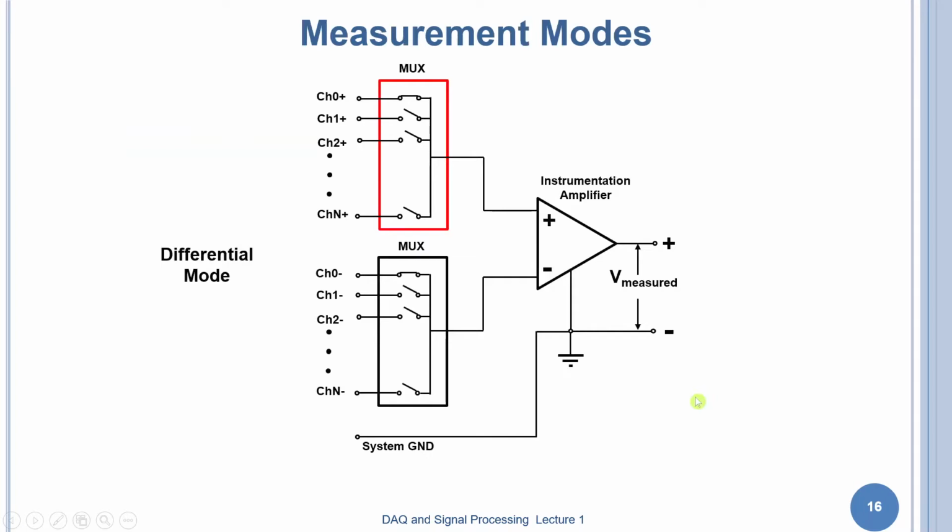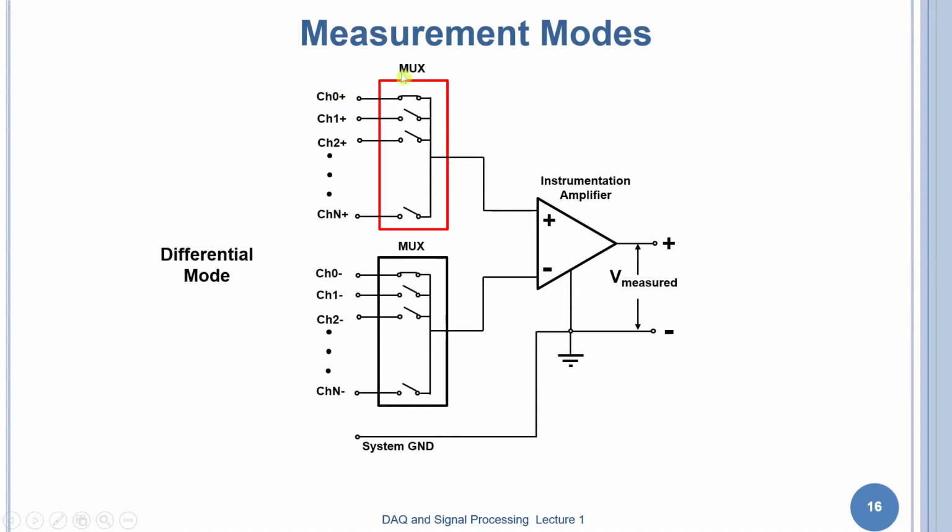So we have looked at different types of signals. Now there are different types of measurement modes. The first mode is the differential mode, which is the most commonly used mode in data acquisition. In this, we have positive and negative terminals dedicated to each channel.